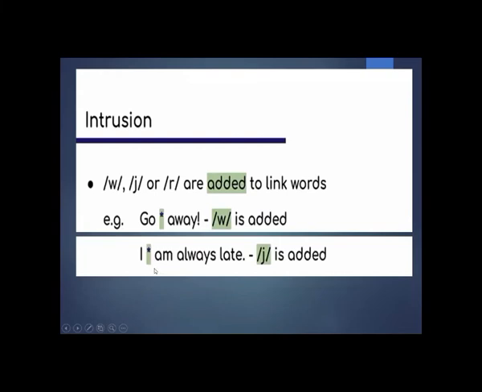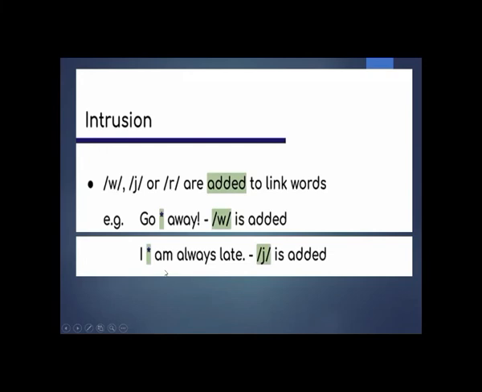Here, I am always late. So when one word ends in ee, ay, eye, oy, and the next word, like here, starts with a vowel sound, you can insert a yah sound.